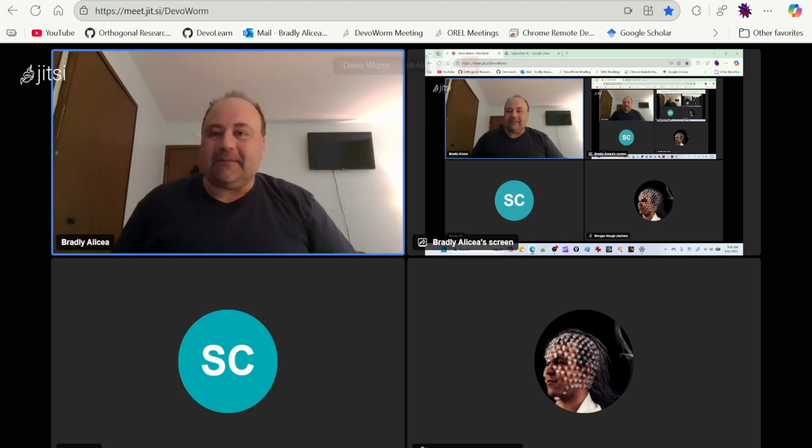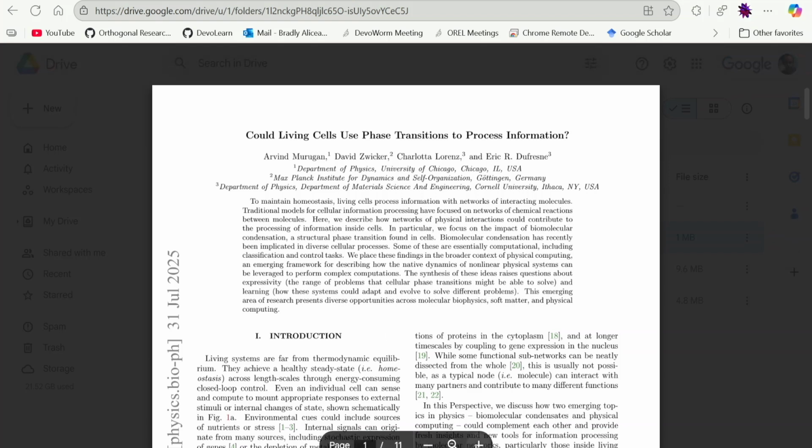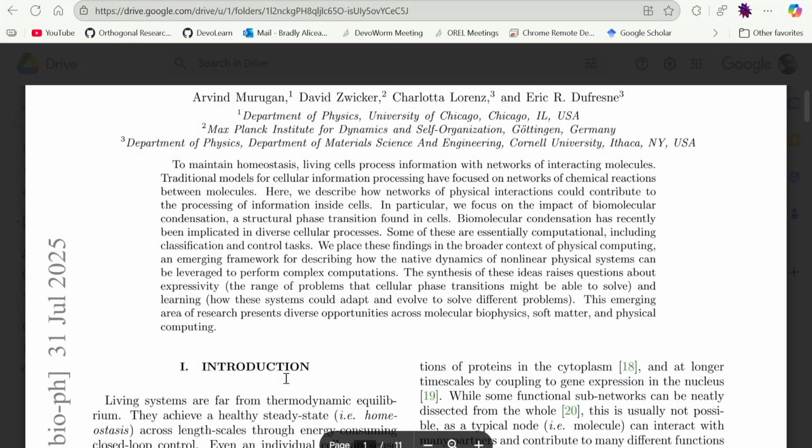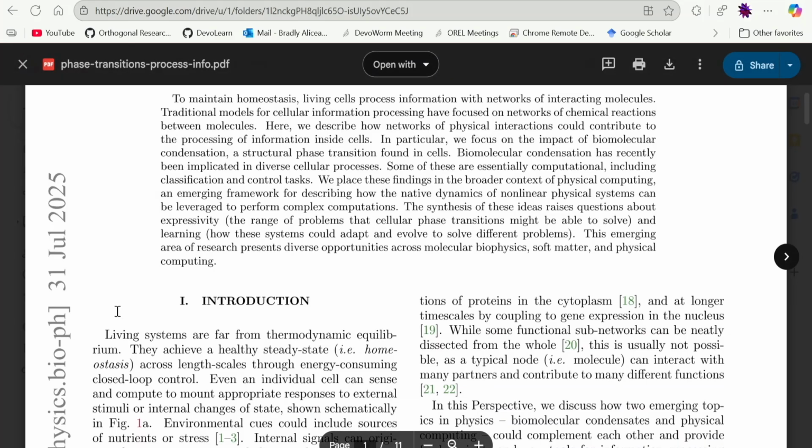Let's see. I wanted to do something else here. Like get into this paper. I'm not going to get very deeply into it, but I wanted to talk a little bit about it. This is a new arXiv paper from 2025, from I think a couple weeks ago, July 31st.